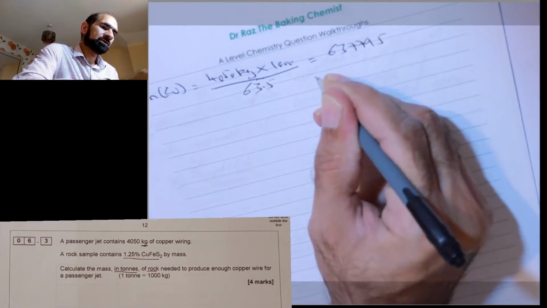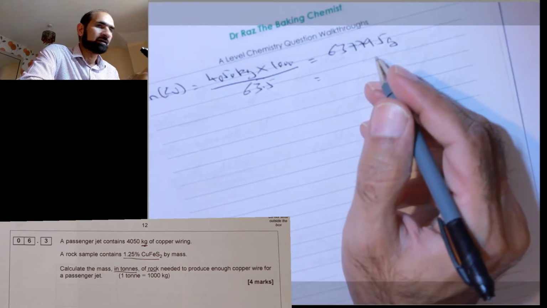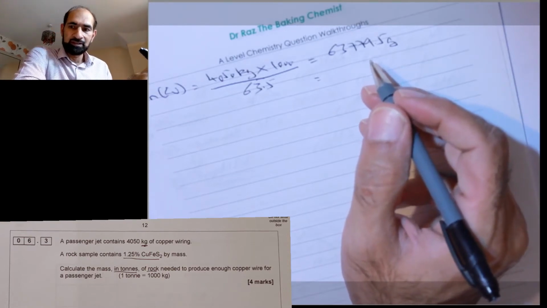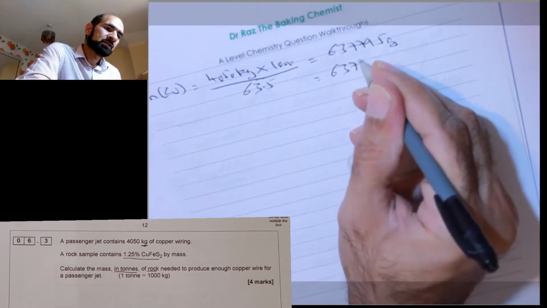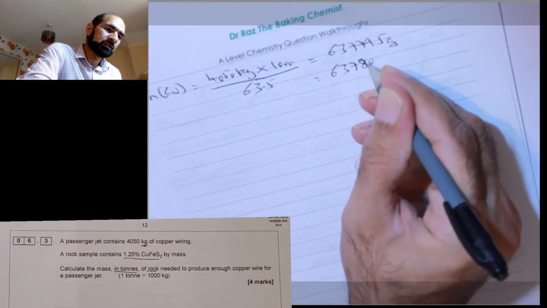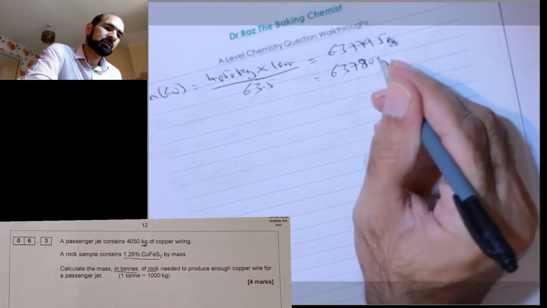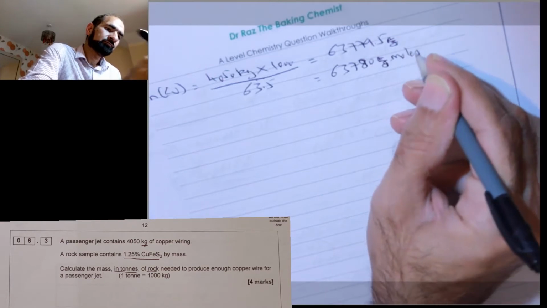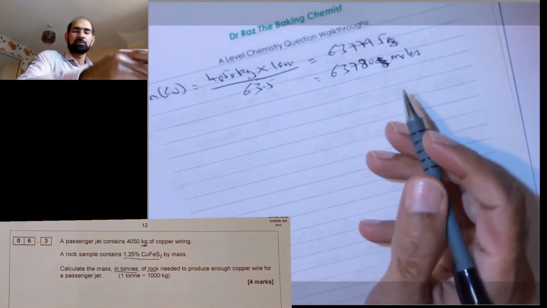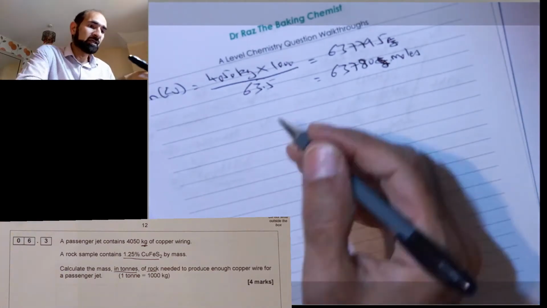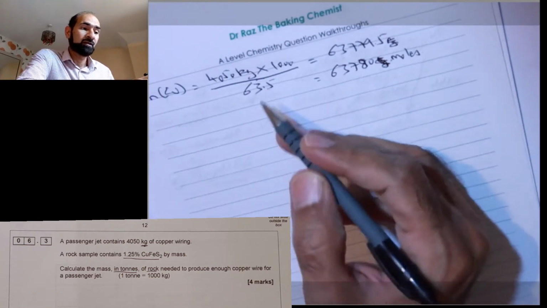63779.5, and I'm going to change that, because that's 6 sig fig. In the question nowhere is it giving you 6 sig fig, so I'm going to round it up to 63780. Not grams, moles. So that is 63,780 moles of copper.